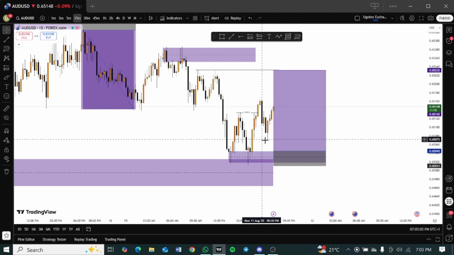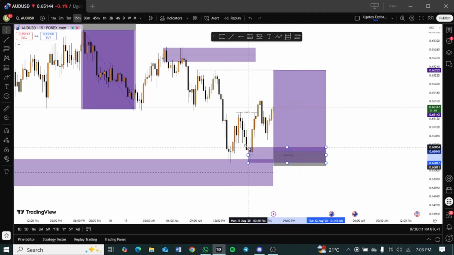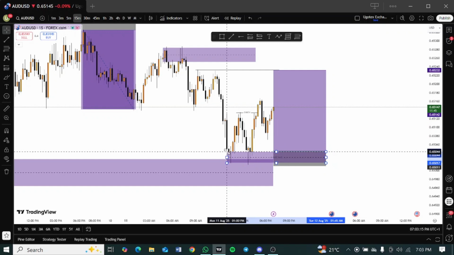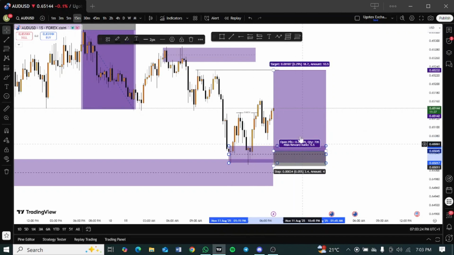So I want to take this as my inducement. Ideally I should be using this supply zone, right? But in this case, I like to use the QMR entry. So I took this last candle that was swept here and marked it out as my entry.